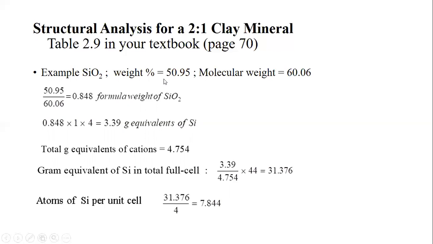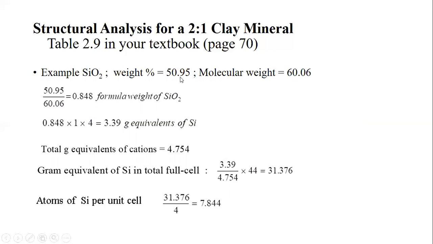The amount as percentage in that sample we have, the 2:1 clay minerals we are studying, 50.95. So to make things easier for you, assume we're having 100 grams. 50.95 grams out of those 100 grams will be SiO2.